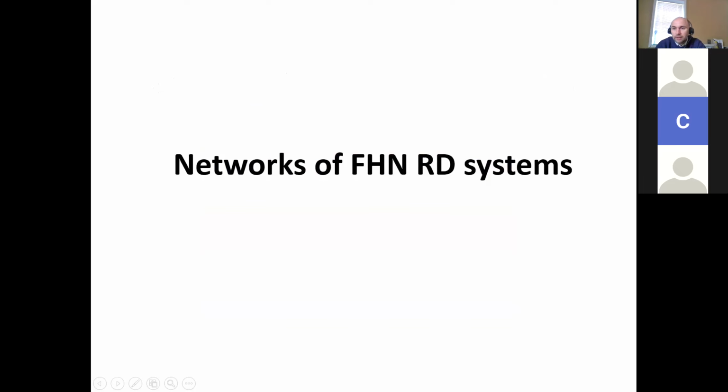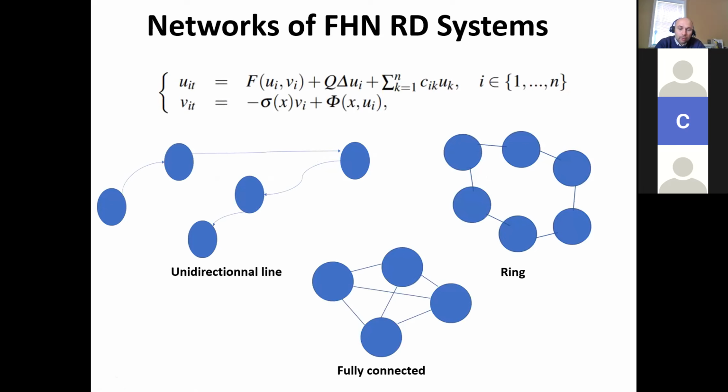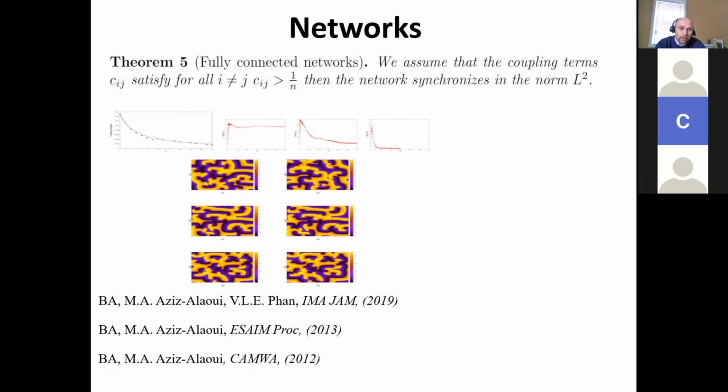All right, so then it's just to make the link with what we have done in the previous lecture. So of course now you can consider networks of these equations and you can get the proof. I already discussed that last time.